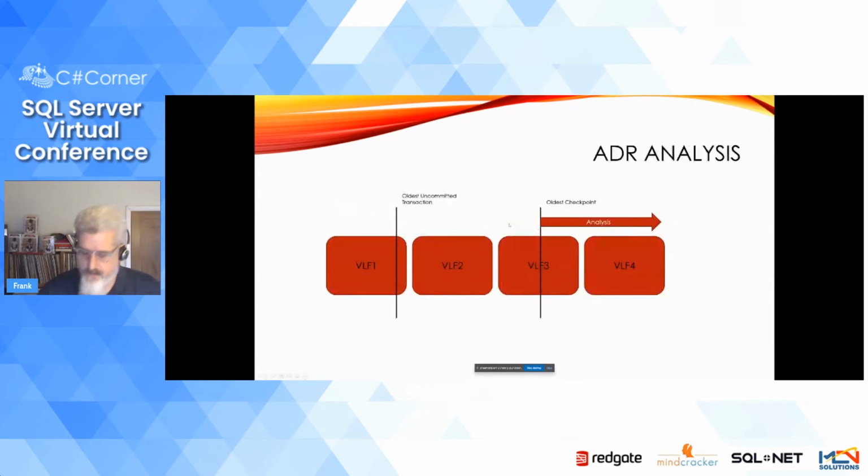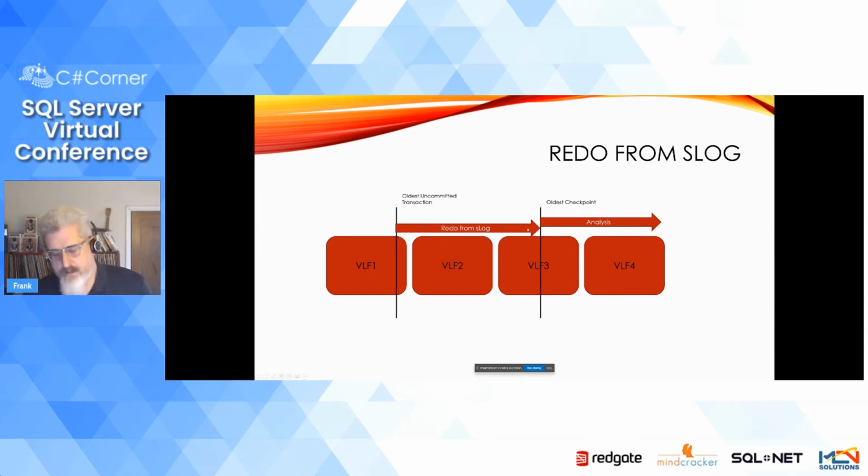So just to show you what this looks like, once again, I've got my 4 VLFs. I run my analysis from the oldest checkpoint going forward, but the difference is that I have just to do my redo from that streaming log. So this is that in-memory area that is tracking non-version changes. Because volume is lower, this is in memory, that runs very quickly.